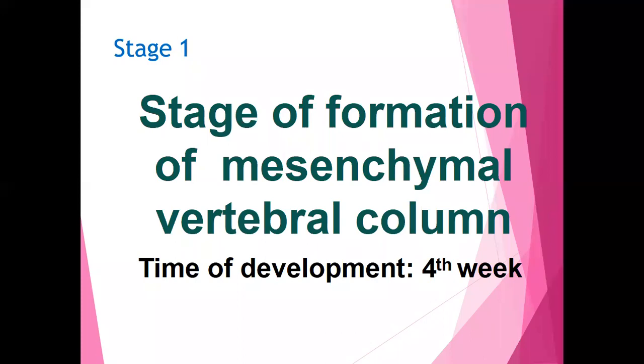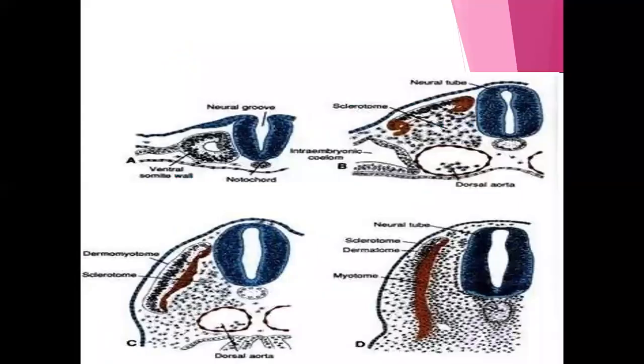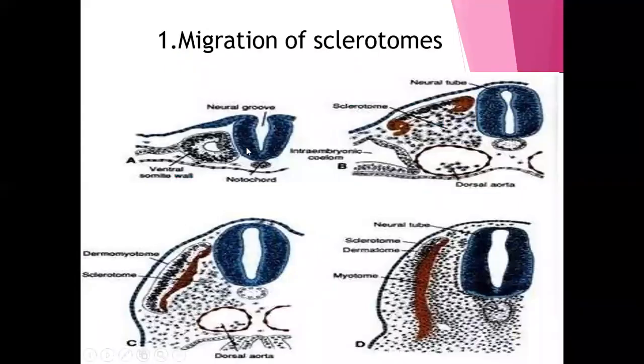So here you see the migration of the sclerotome. As in the previous slide, we said that we have the dermomyotome, which will form the muscle portion and the dermal portion of the skin, and these are the scattered sclerotome cells.